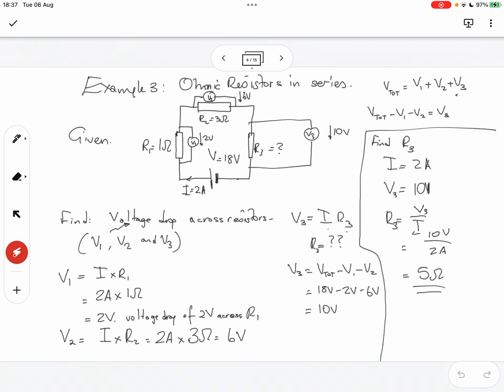On the other slide, we looked at ohmic resistors in series, and we had to work out the voltage drop across each of the resistors to find the resistance of the third, unknown resistor, as well as the voltage drop at that juncture in the circuit.